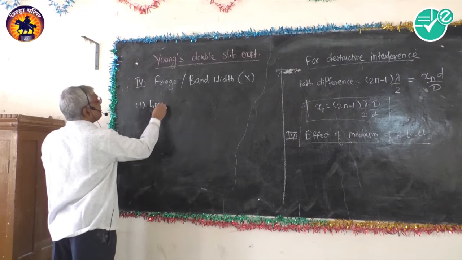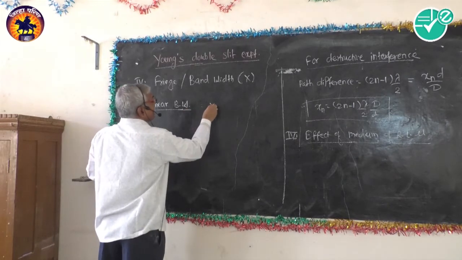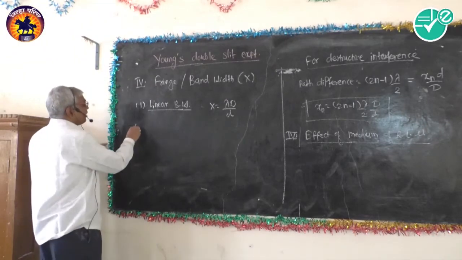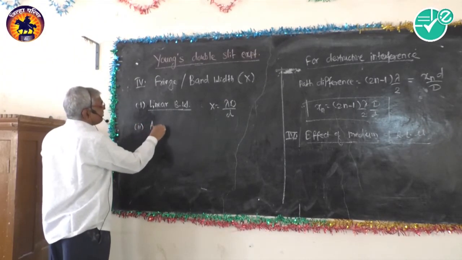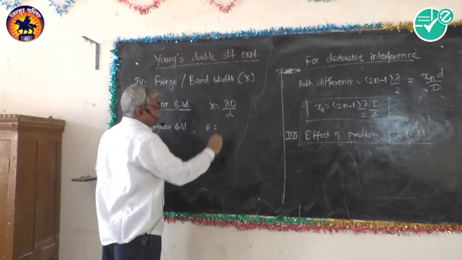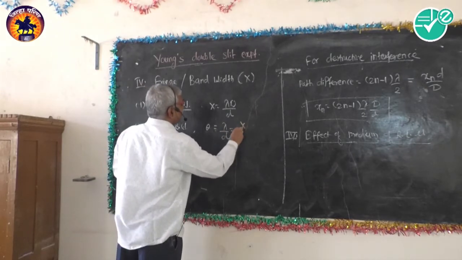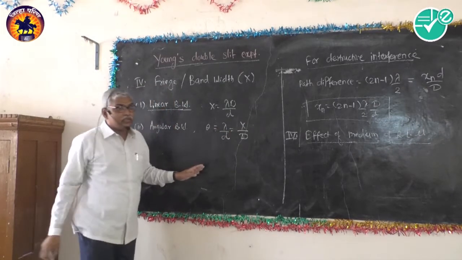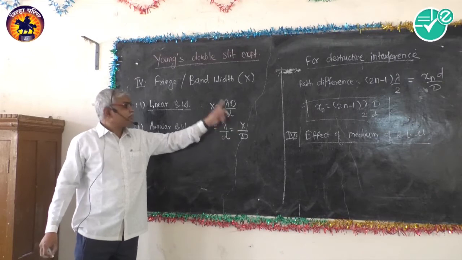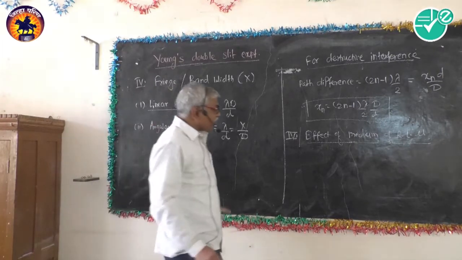First we define linear bandwidth. Linear bandwidth is given by X = λD/d, and the formula for angular bandwidth is λ/d or X/D, where small d is the distance between two slits, capital X is the bandwidth, capital D is the distance between source and screen, and λ is the wavelength of the source.